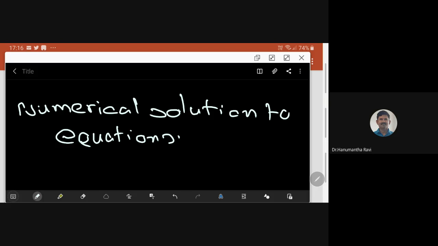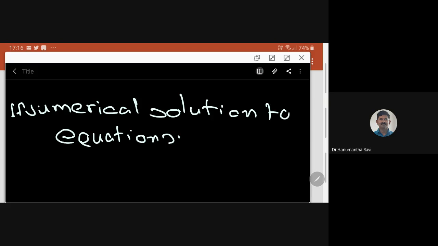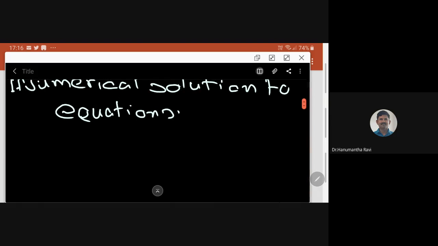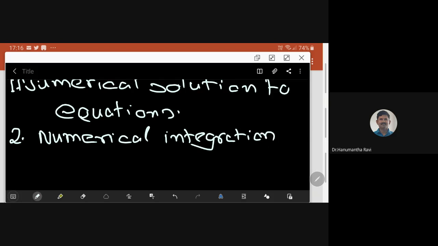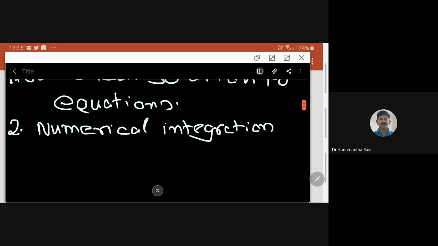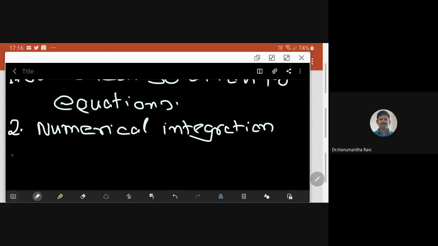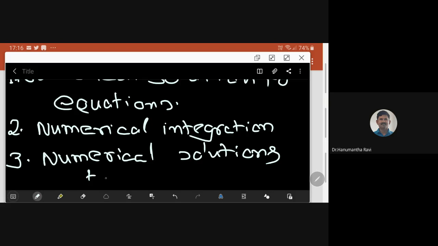That is the first part we are about to discuss, followed by numerical integration techniques, and then the third one is numerical solutions to ODE, numerical solutions to ordinary differential equations.